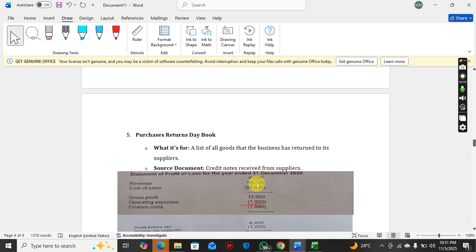Out of this 96,000 sales revenue, what percentage is gross profit? Because all of this revenue is not yours. There are some expenses you need to deduct out. So you want to find out of this money I made in sales revenue, what percentage is gross profit?